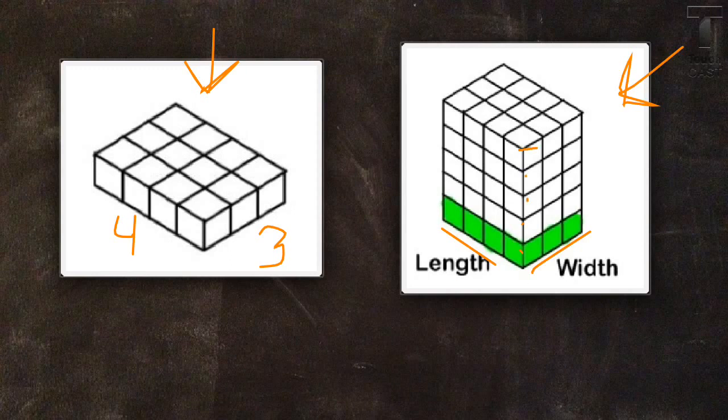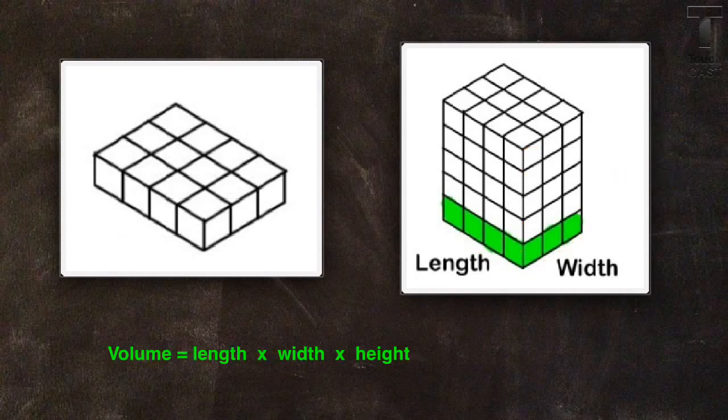So I have my length times my width, which is 12, and then I multiply that times 5, which gives us 60. So we know that we have 60 total cubes inside of this figure. And this is where the volume formula comes from. The volume formula is length times width times height.